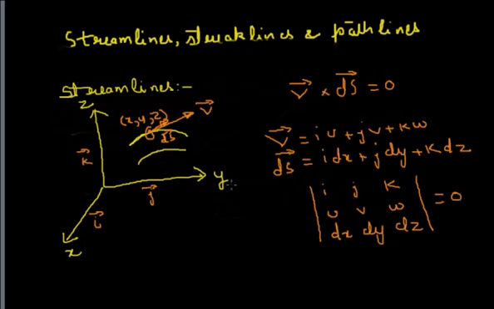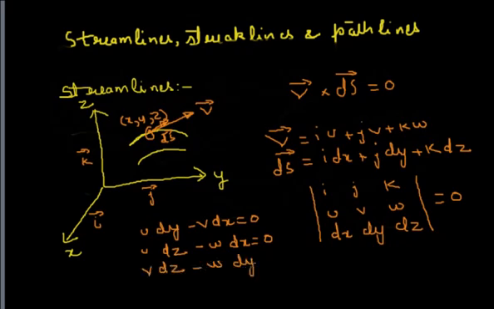So if we solve the determinant, we would get u dy minus v dx is equal to 0 and u dz minus w dx is equal to 0. Also, we would get v dz minus w dy is equal to 0.